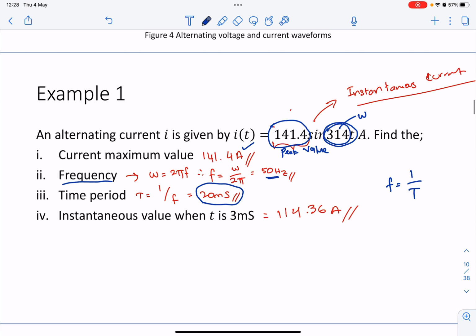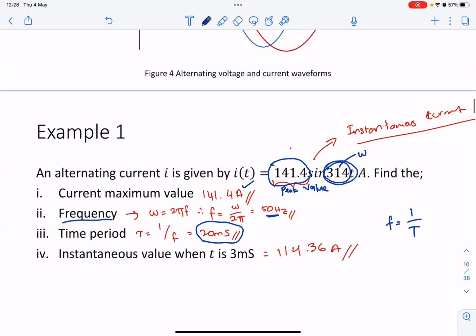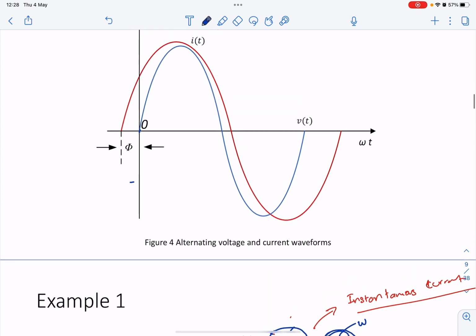Now here again, what is the instantaneous value when t is equal to 3 milliseconds? So let's say for example here, it asks what is the value of this current at 3 milliseconds.